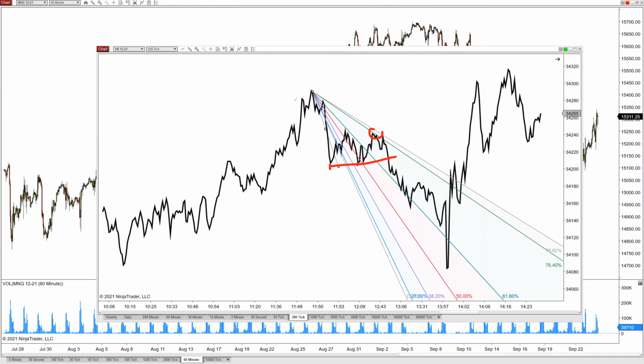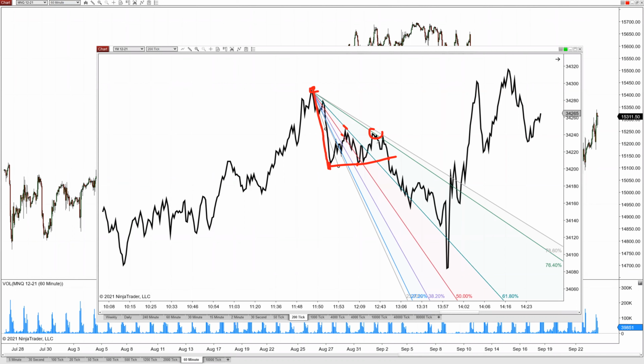So that shows you how to manipulate that Fib fan when you do have an extreme momentum move down. And you can't just say, hey, I'm going to go from the high to the low, because it won't work as well if it's an extreme move. It works perfectly if it's a gradual move, an average move, but it does not work if it's an extreme move or slower than average move.